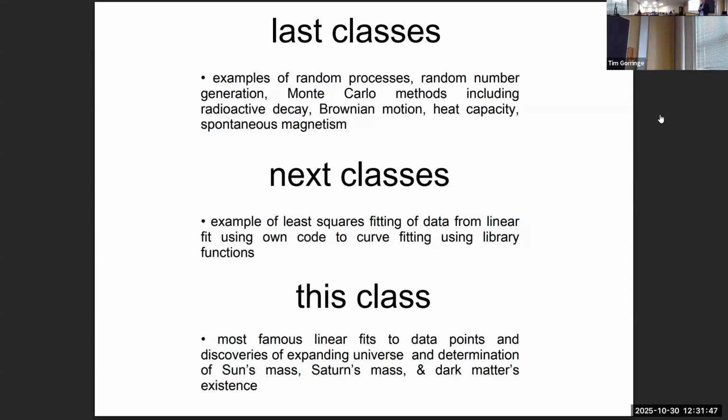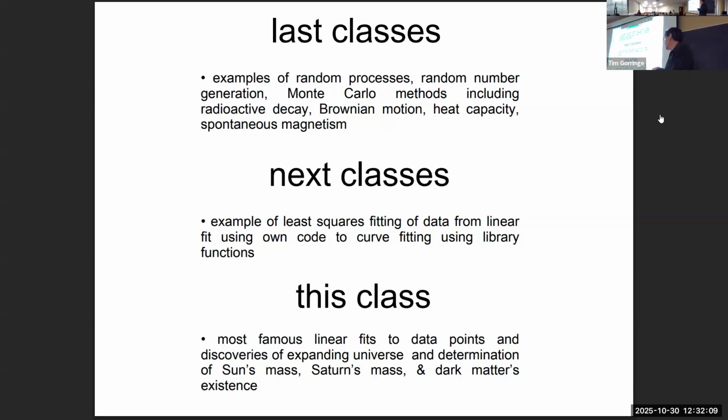Today's class, I wanted to move on from the work we were doing on random processes, random number generation, Monte Carlo calculations. Remember, we looked at things like Brownian motion, radioactivity, things like heat capacity and magnetism.